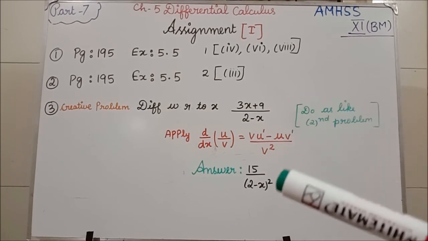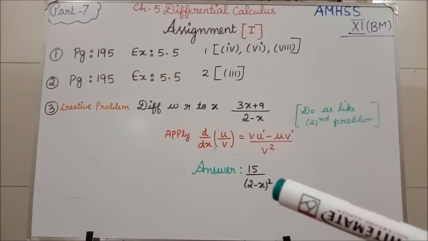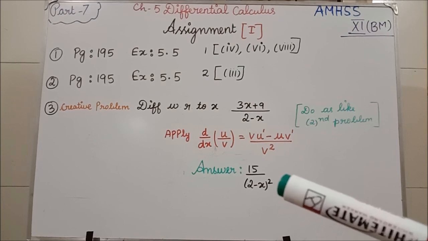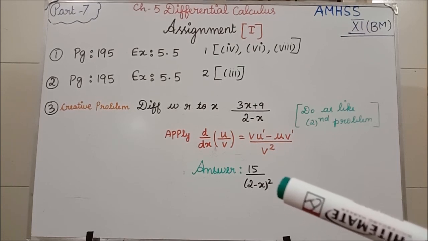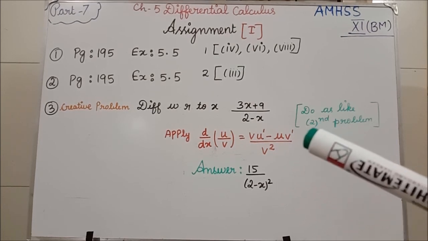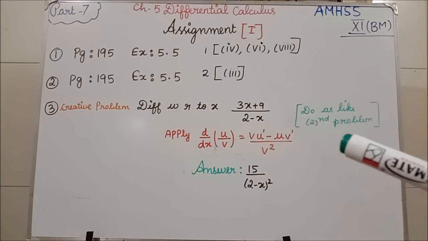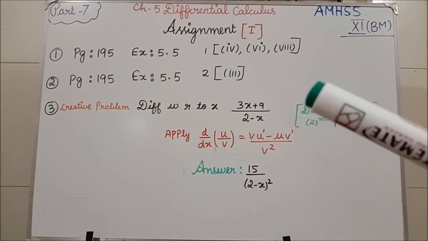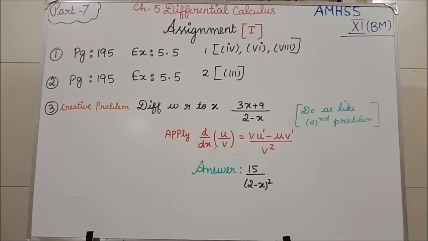For this question, the answer is 15 divided by 2 minus x, the whole square. This answer you have to get. Clear, students? Now, how we are going to do it is like the second problem in exercise 5.5. The remaining third and fourth problems in exercise 5.5 we will continue in the same part 7 video only, but not now. The next session we will see.